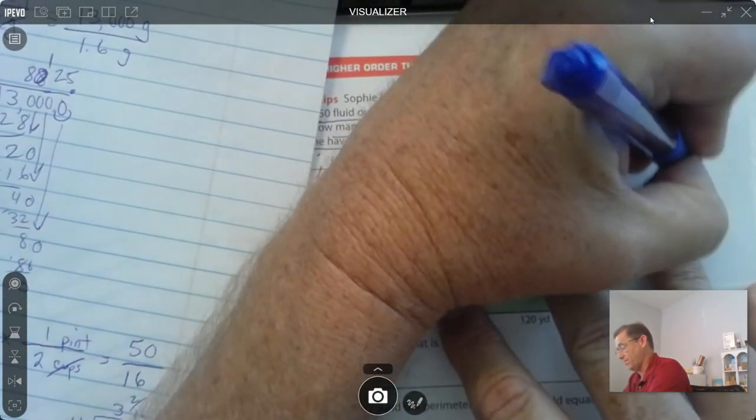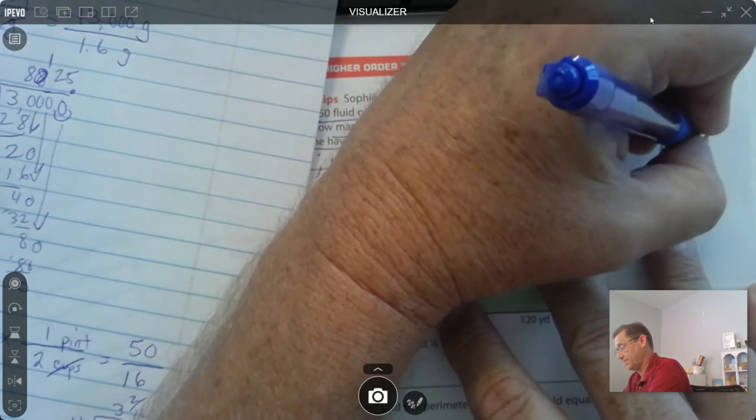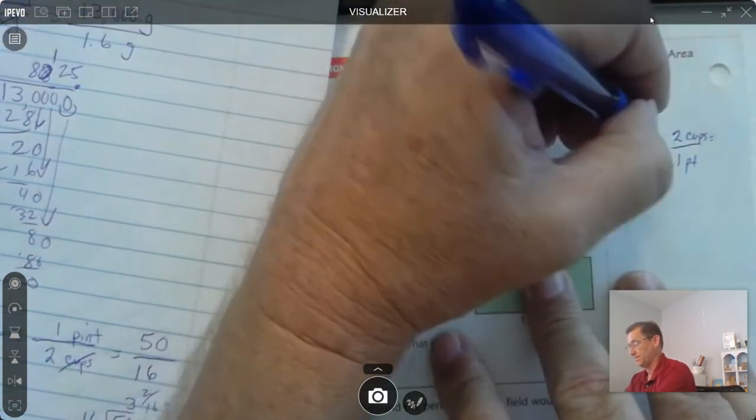And we know that 1 pint is 2 cups. How much is she going to have left over?